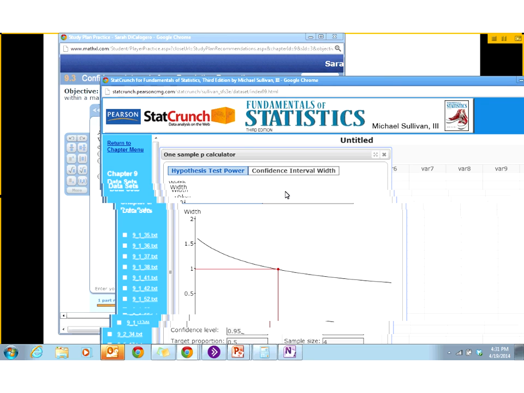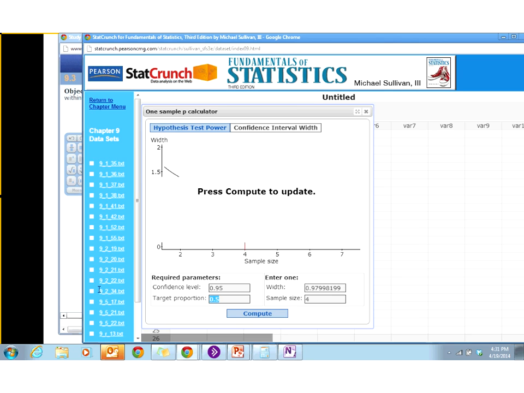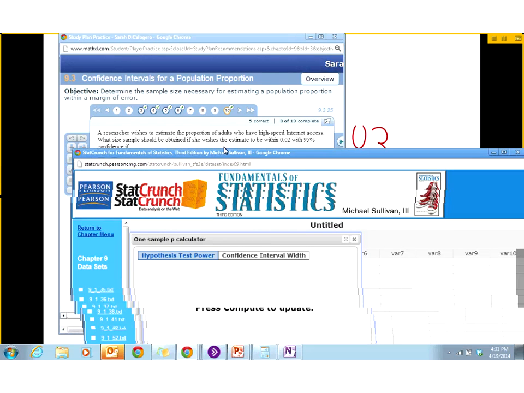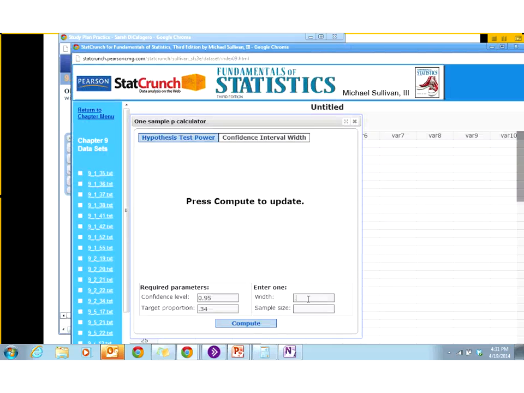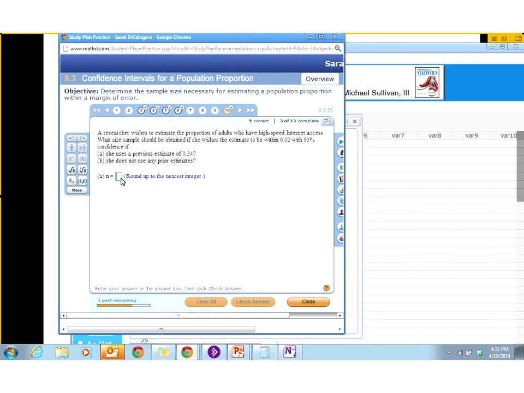We're going to use a prior estimate of 0.34. And we want the width of our confidence interval to be within 2 percentage points. So the width of the confidence interval is actually 0.04. Compute. So we got 2156, but like I said, this seems to truncate down. So if you add 1 to it, you get the right answer.